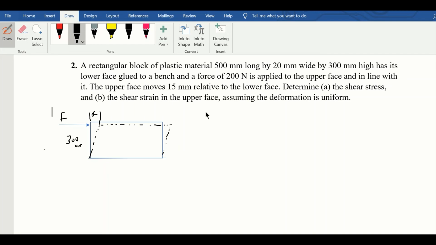We are given the length of the block as 500 millimeters. Remember, we convert this to meters. It becomes 500 divided by 1,000. That gives us 0.5 meters.